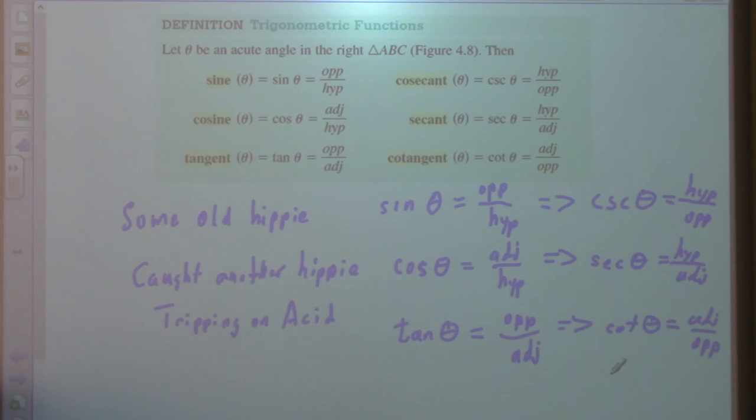Although it's not, let's see if this is charged up here. I probably need to charge it. I'm going to have to charge this one. But the TI Inspire has all 6 trigonometric ratios. You go over to the left.